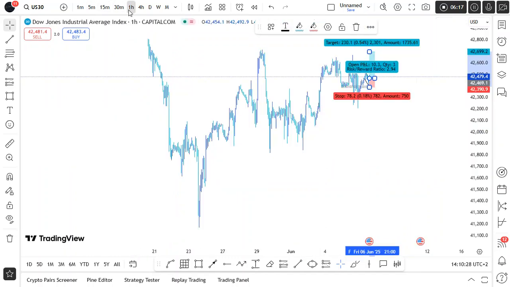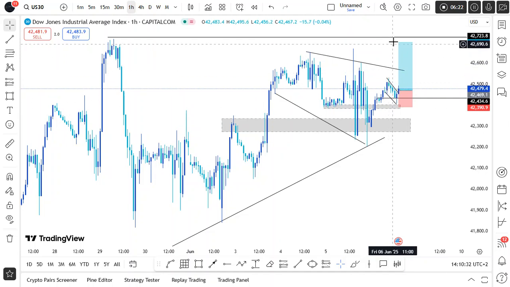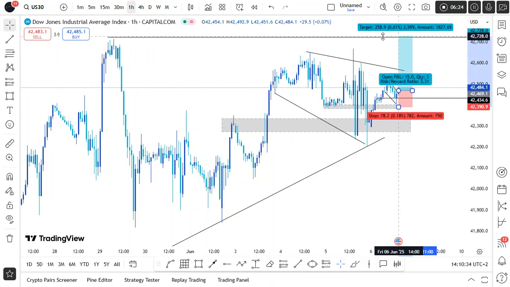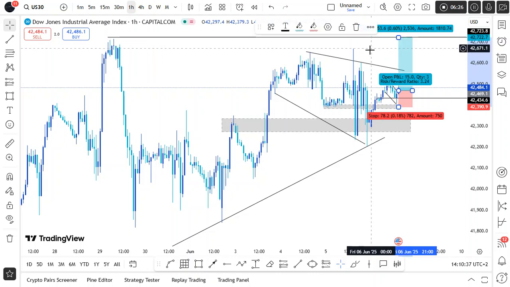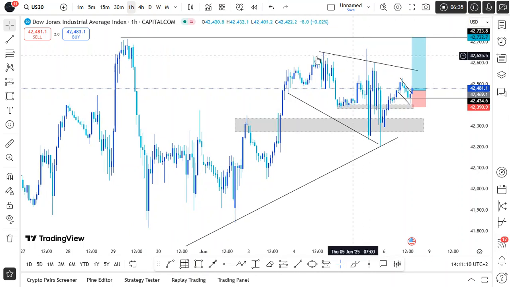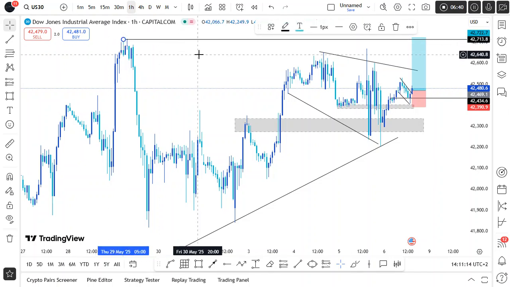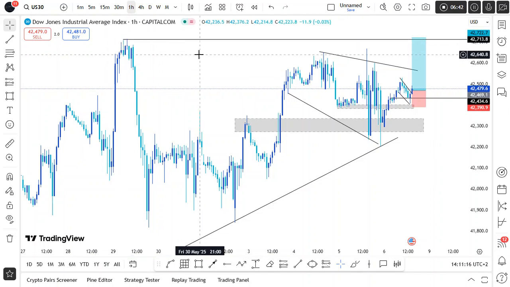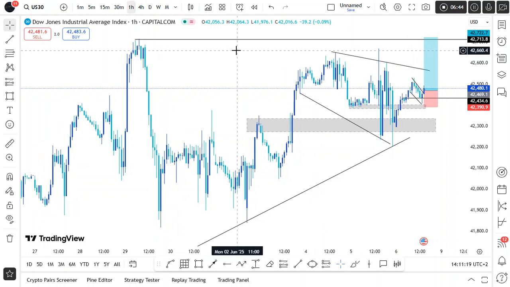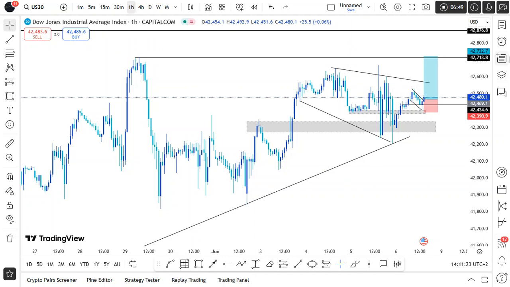I'm targeting this high. Maybe around half past 2, then we would have already known the direction. But then I'm looking to buy US30.